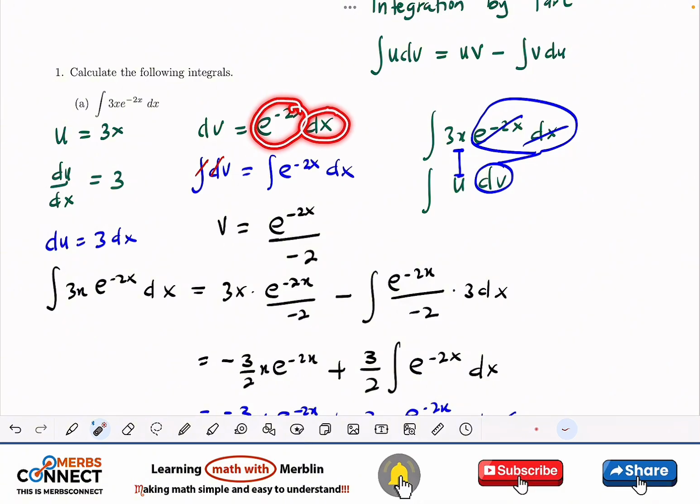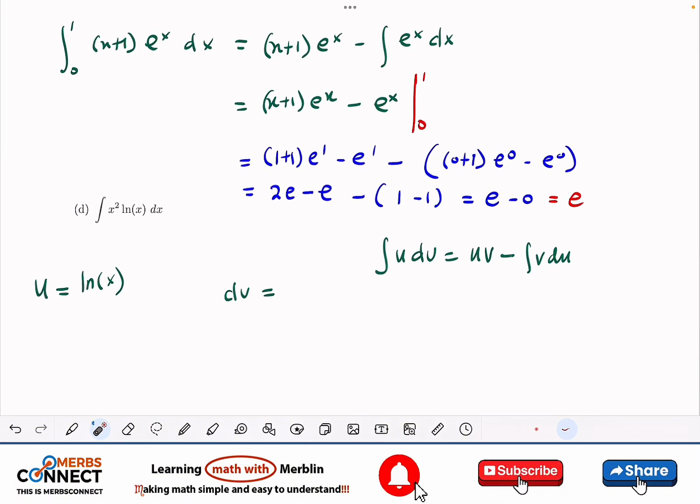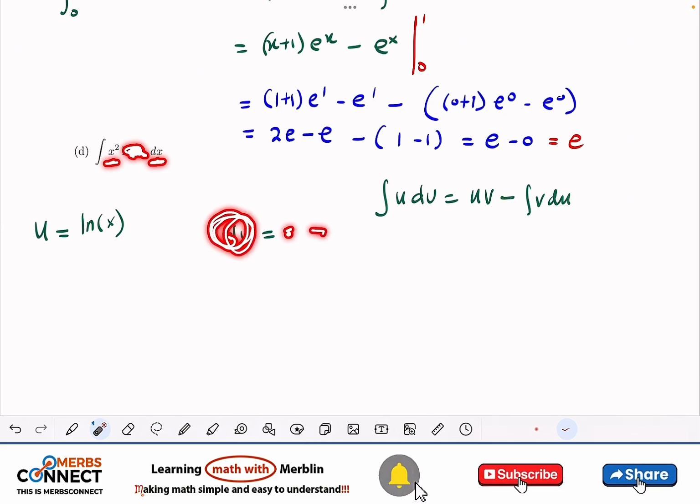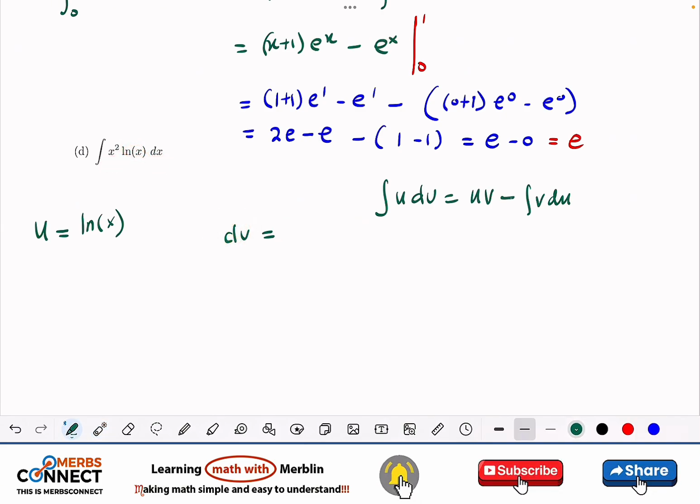When it involves the natural log function, always your u should involve the natural log function. So when I take the natural log function, what will be left? x squared dx. Don't forget, the dv should always go with a term and dx. Good. So this one is going to be x squared dx always whenever I'm dealing with natural log function.